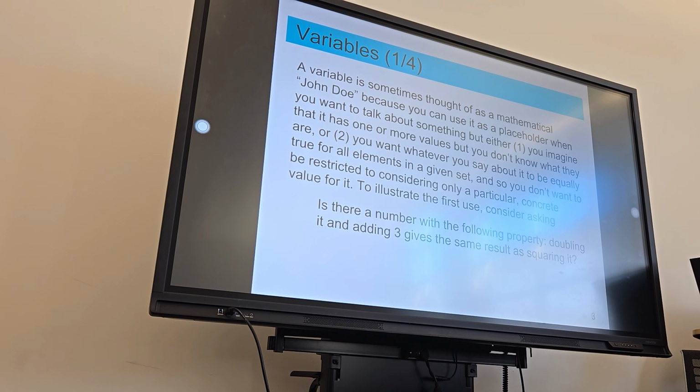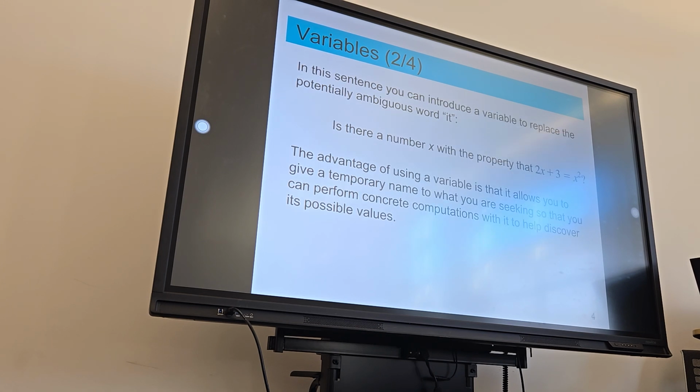The first case: is there a number with the following property? Doubling it and adding 3 gives the same result as squaring it. In this sentence, you introduce a variable to replace the word it. It is kind of ambiguous. What is it?